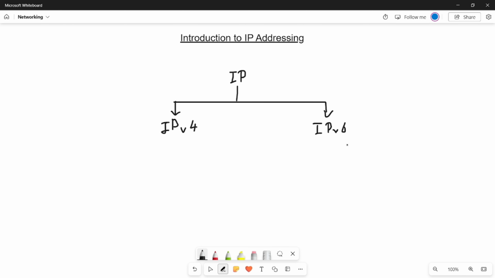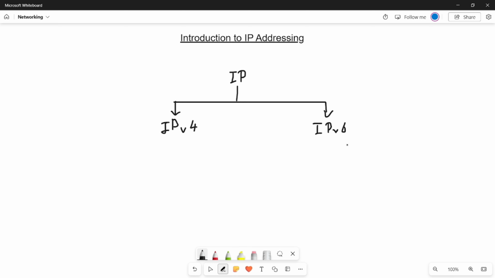In modern days, we are using IPv6 addresses to access the internet. IPv4 is almost running out of the number of IP addresses we can provide to our host machines, so we had to introduce a new IP version to provide more IP addresses on demand.